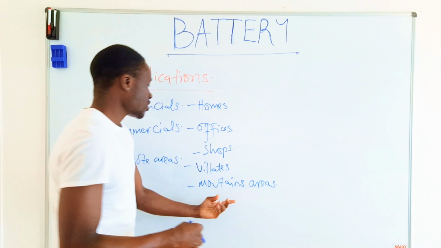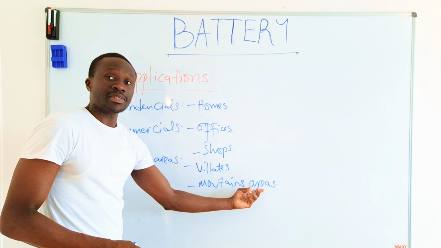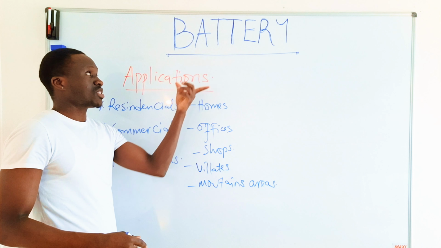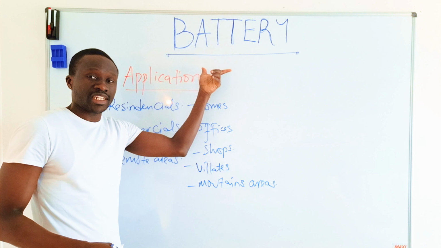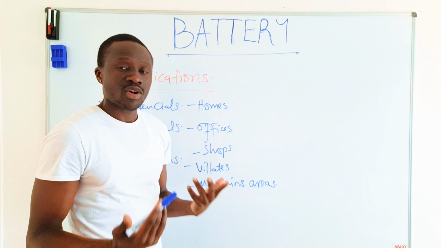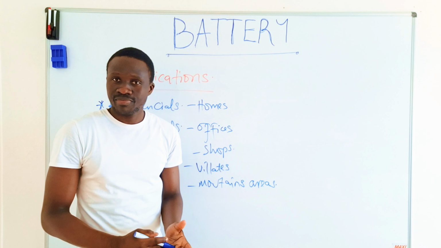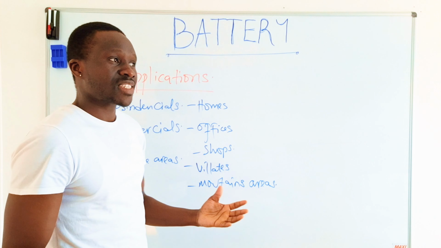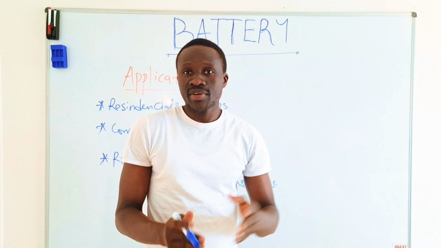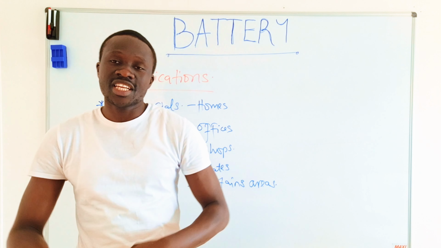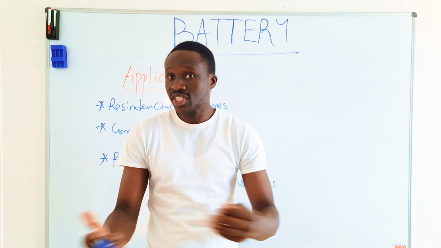In these areas, we end up using a solar system with a battery to power our homesteads and back up our system. Solar system is best in mountainous areas and in villages where power hasn't reached.